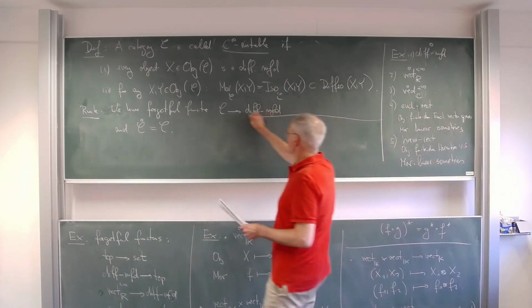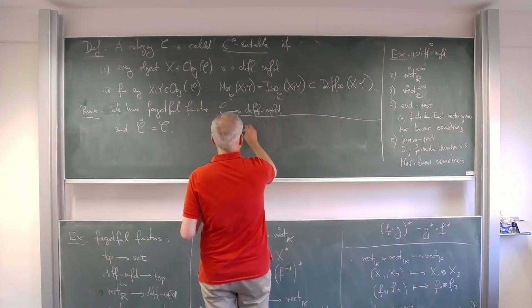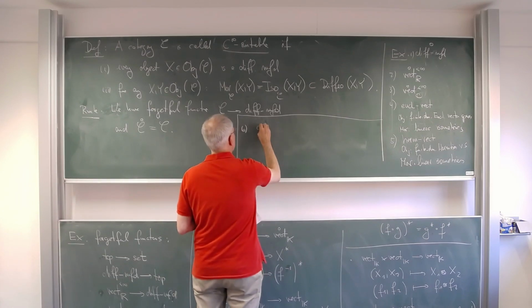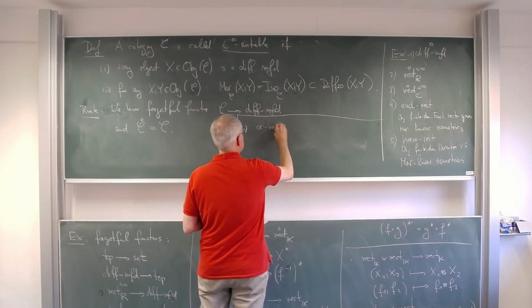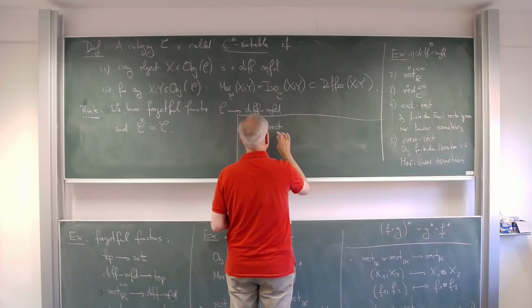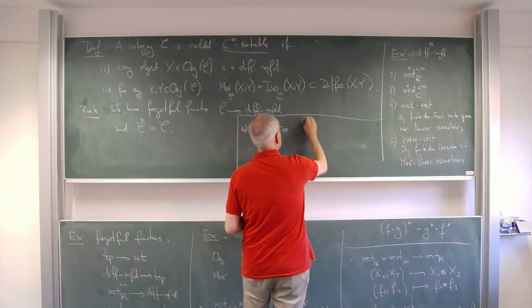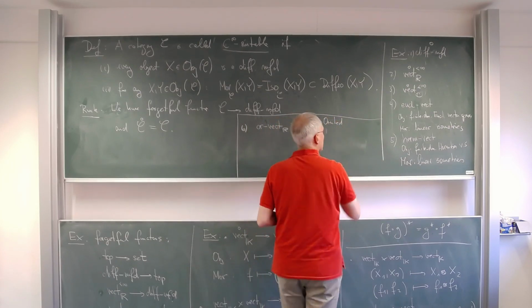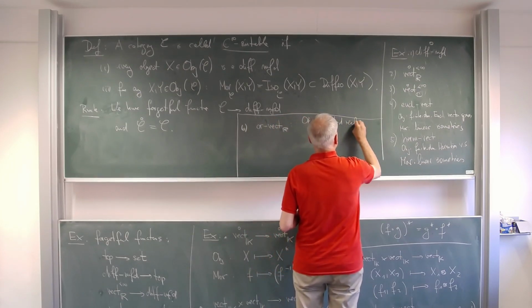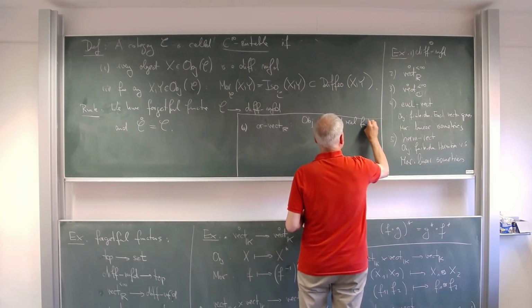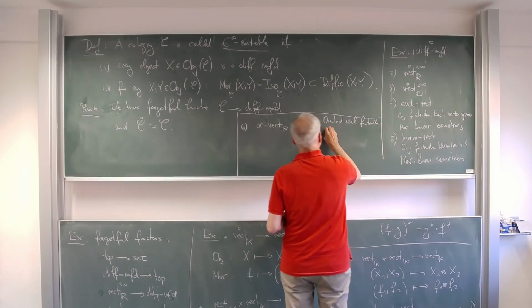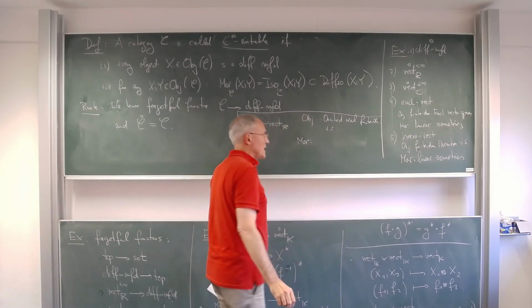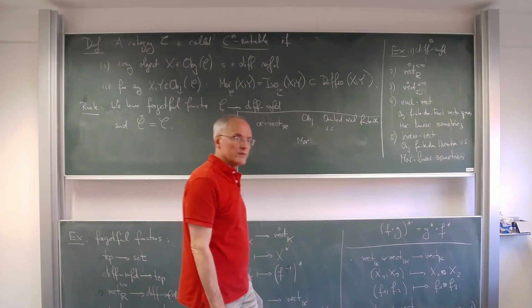Now, what else? I could take oriented finite dimensional real vector spaces. So the objects are oriented real finite dimensional vector spaces. The morphisms are orientation preserving isomorphisms.